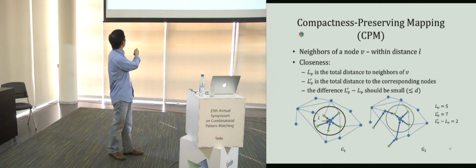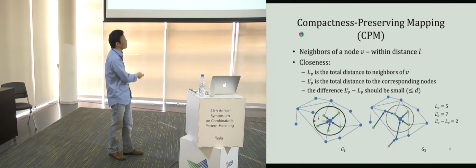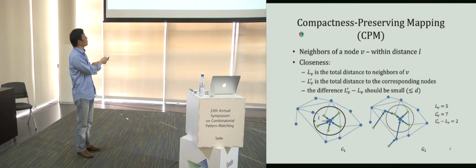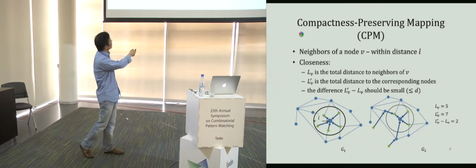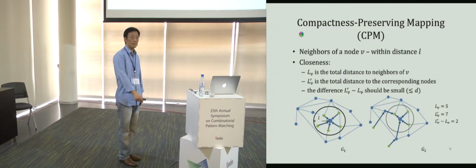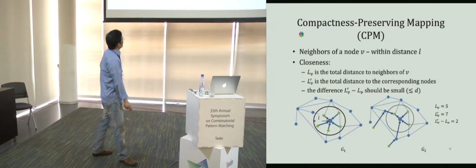So two labels here could be mapped to vertices which have distance 2 to the image of V. The total distance here is 5, and here is 7. And the difference is bounded by the parameter D.